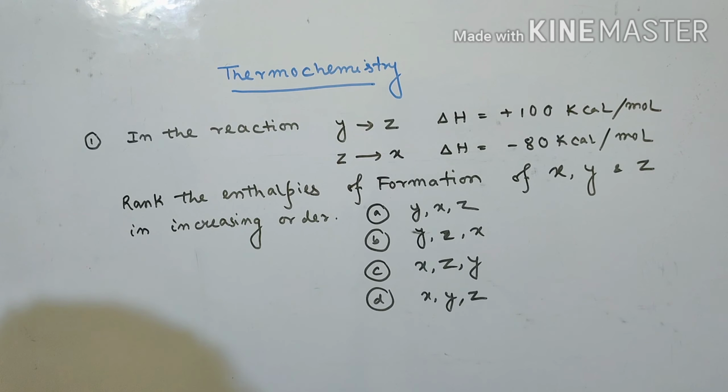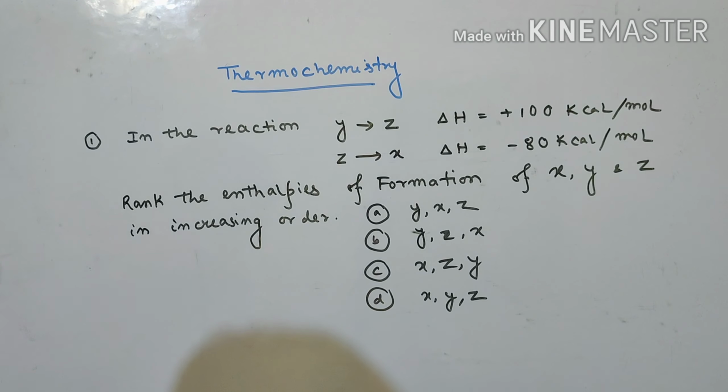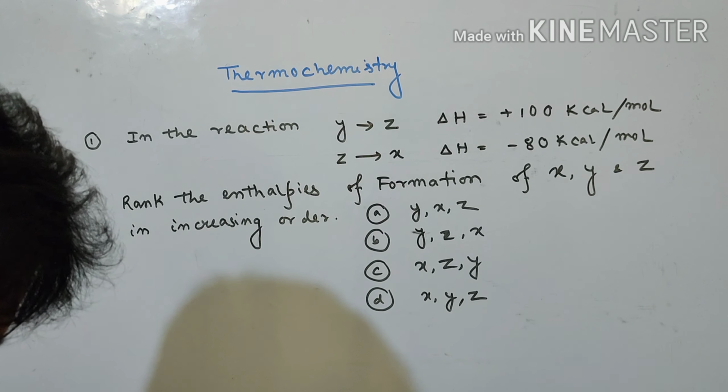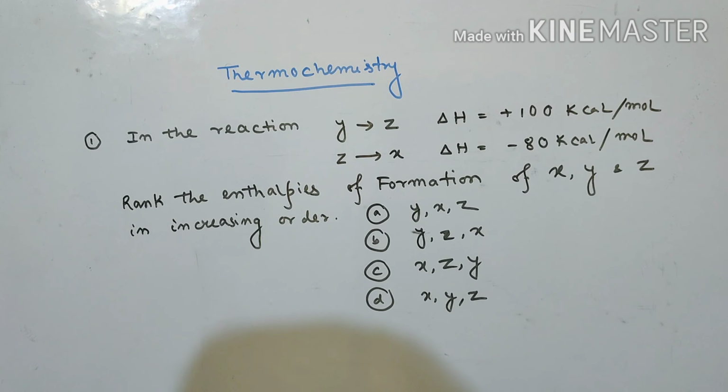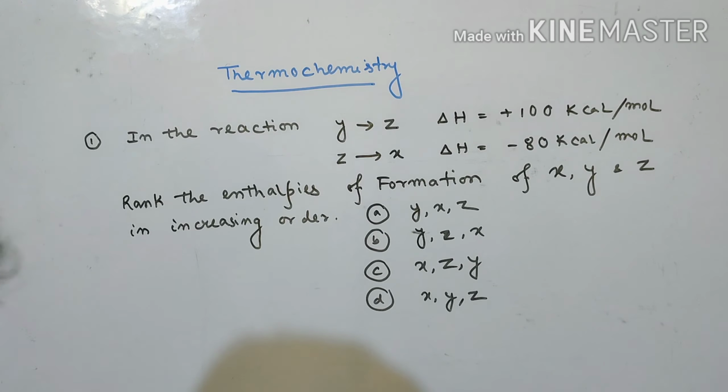Now, to deal with that, we have to understand what this change of enthalpy value suggests. The enthalpy changes are given. From there, how can we rank the enthalpies of formation of X, Y, and Z individually in increasing order? To do that, we have to first understand what it means if certain enthalpy values are given.